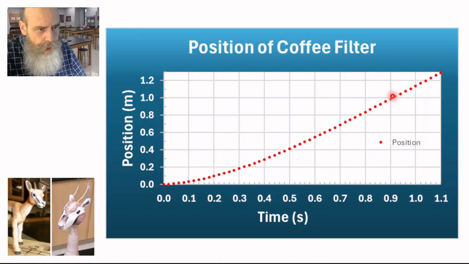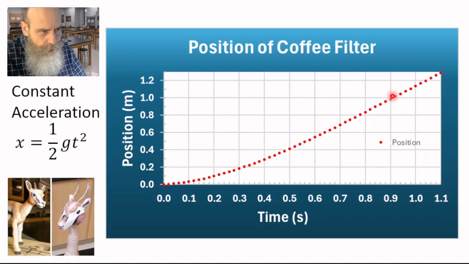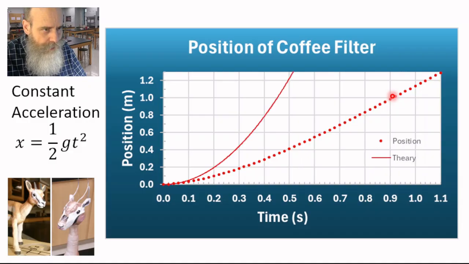If this was a case of constant acceleration, we could apply the kinematic equations. This is what we would get. We started at a velocity of 0, so the position x is given by a half g t squared, where g is the acceleration due to gravity. Let's plot that on these axes.